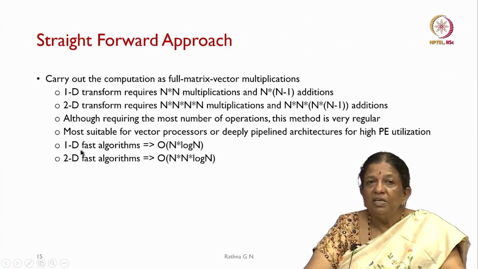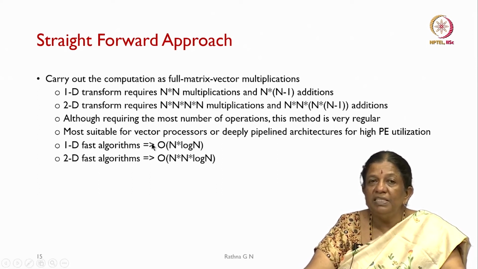We can have 1D fast algorithms. Just like our FFT, we can configure our DCT also for a fast algorithm, which brings the computation down to order of n log n instead of order of n squared.